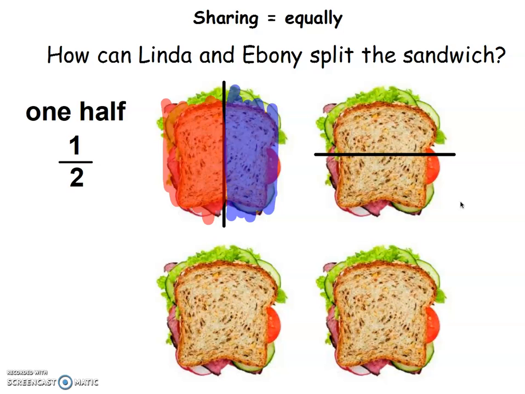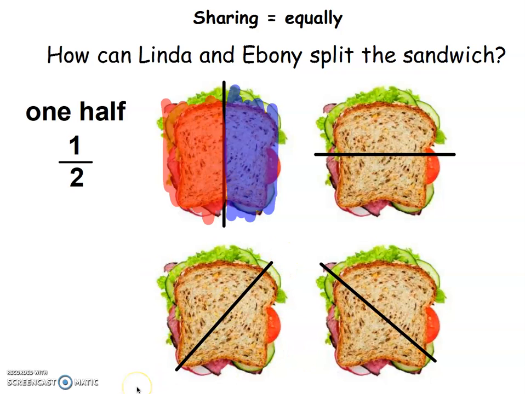My mom used to cut my sandwiches a different way. She used to go from corner to corner and give me sort of a diagonal cut. So she used to cut it like this. And if the sandwich really is a rectangle, a square, where all the sides are the same, right? Equal sides.